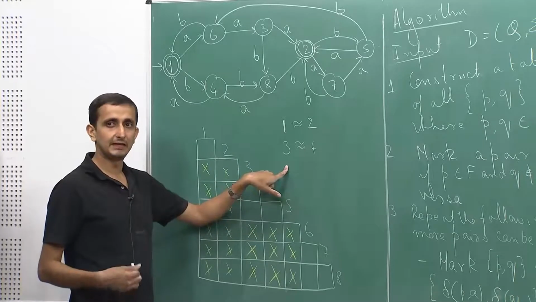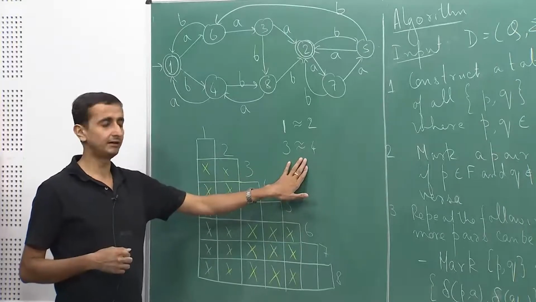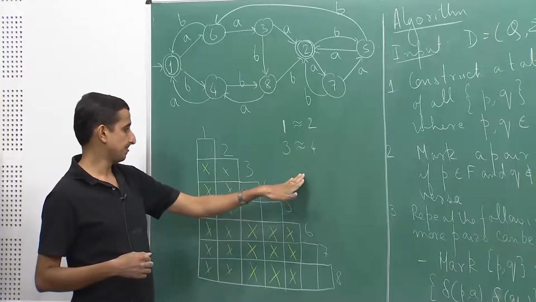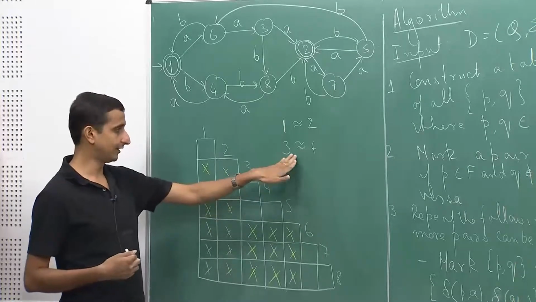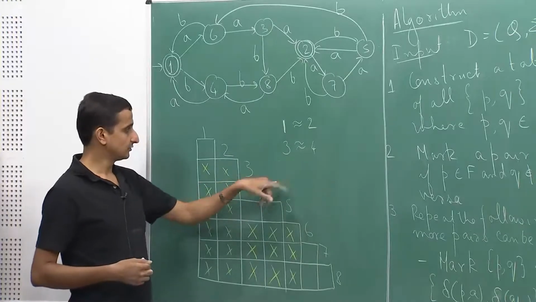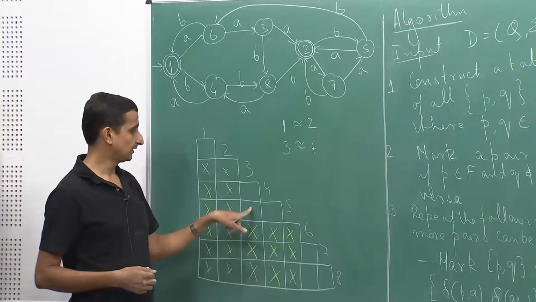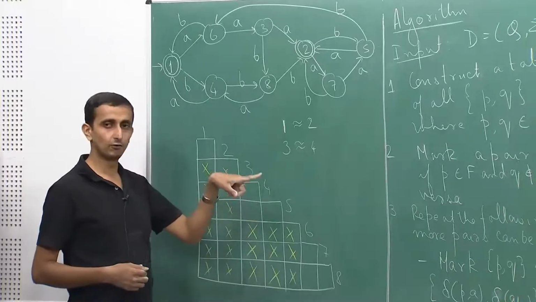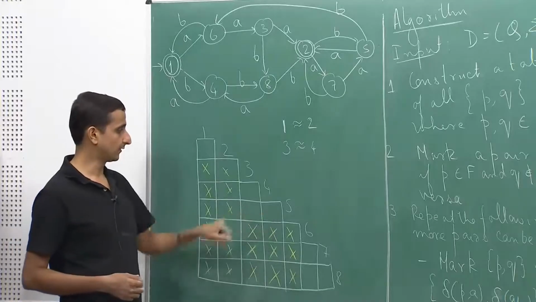So, by equivalence relation it can be proved that this is actually an equivalence relation. That needs some work. I will not go into that part, but you can prove it. Because (3, 4) is equivalent and (3, 5) are also equivalent, it means that (4, 5) is equivalent, which actually also follows from the table that (4, 5) is not marked.